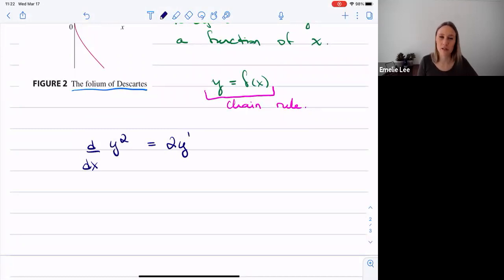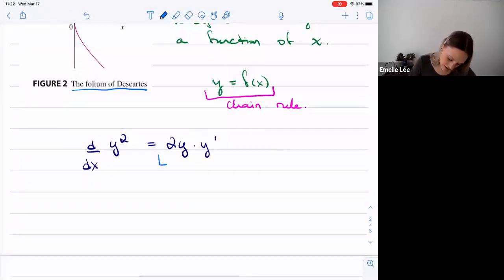But then I need the derivative of the inside, but I don't know what that is, but it's okay because then we just use times y prime, right? And so here, this is the outside, and here, this is the inside.